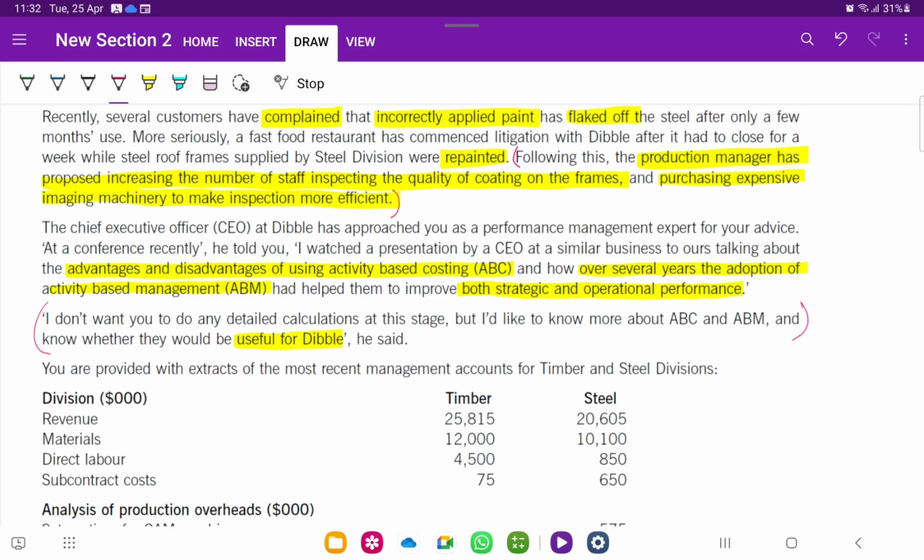Company is trying to introduce it. So introduction actually requires you to write the basic idea of the topic, whether it's ABC, whether it's ABM, whether it's transfer pricing, whether it's value based management, whether it's beyond budgeting, whether this is anything, right?